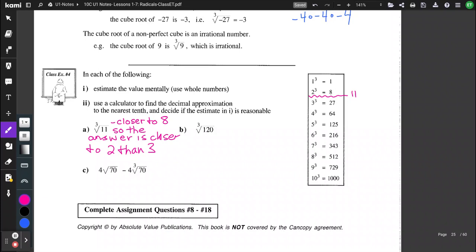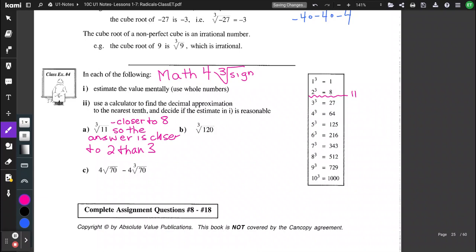So if we actually figure the answer out though, what do we get? Now, if you don't remember where your cube root sign is, you're going to hit math 4. So math 4 is your cube root sign. Okay, math button number 4.